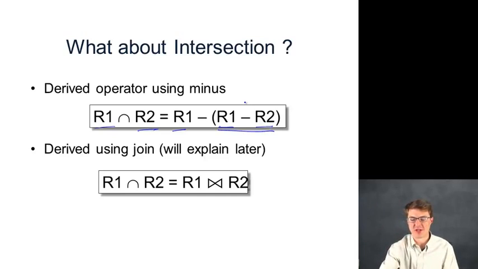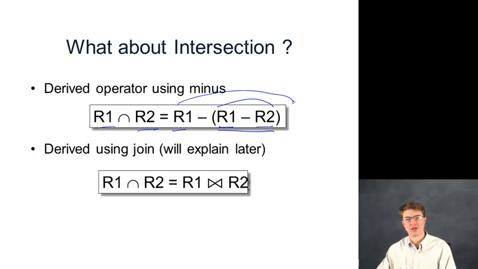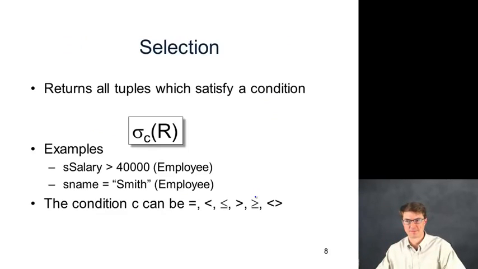If you think about this for a second, this expression returns everything that is only in R1. And then this expression overall removes everything that is only in R1, leaving things that are both in R1 and R2. And so that's what intersection is. We'll touch on this later, but you can also express intersection in terms of join, which is an operator we haven't defined yet.